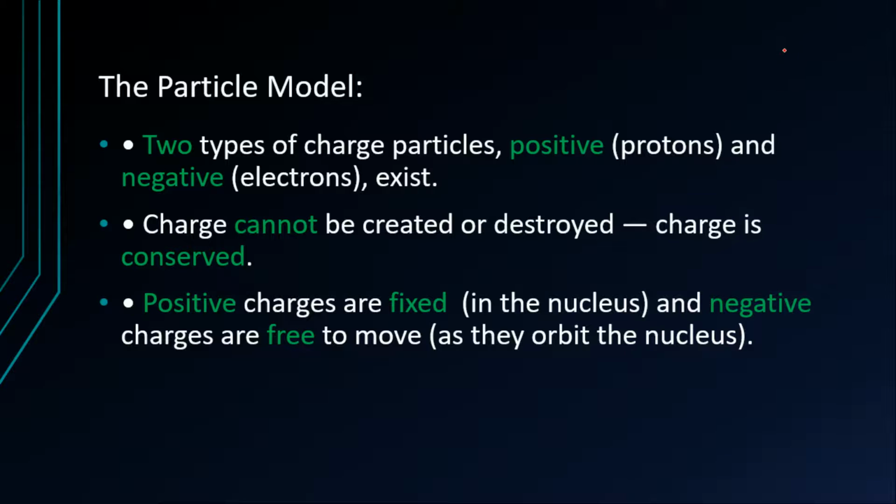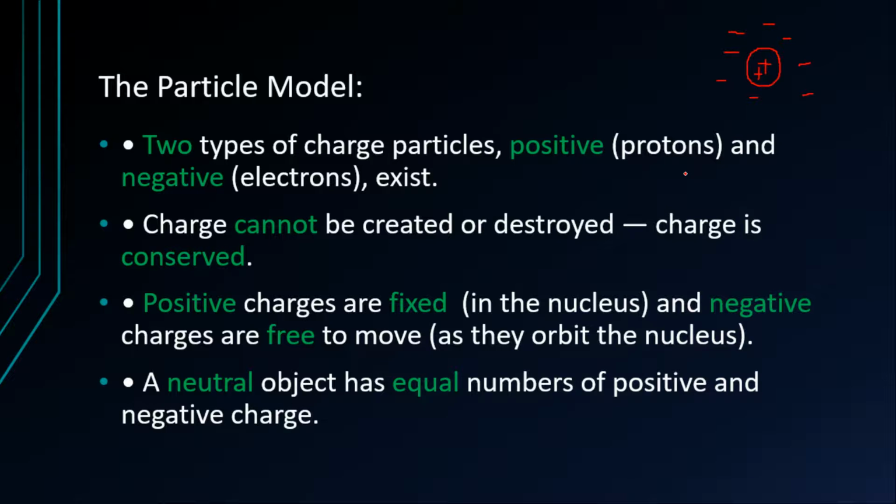Okay, so if I were to draw a little picture here, here is my nucleus, and here is where I have all of my positively charged protons, and then orbiting around the nucleus are my negatively charged particles, okay?